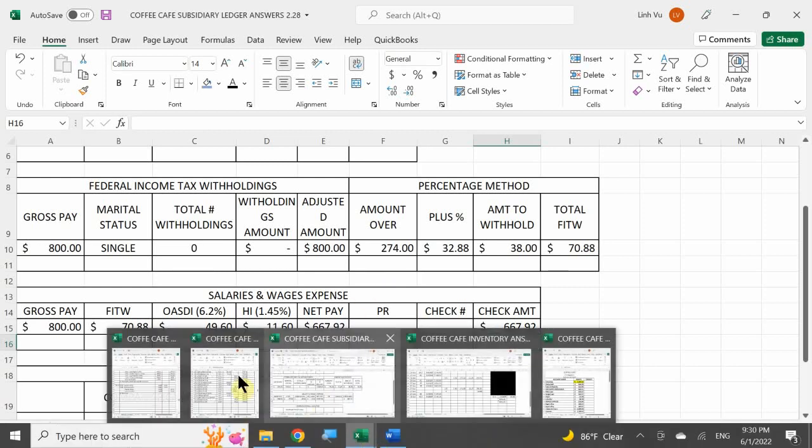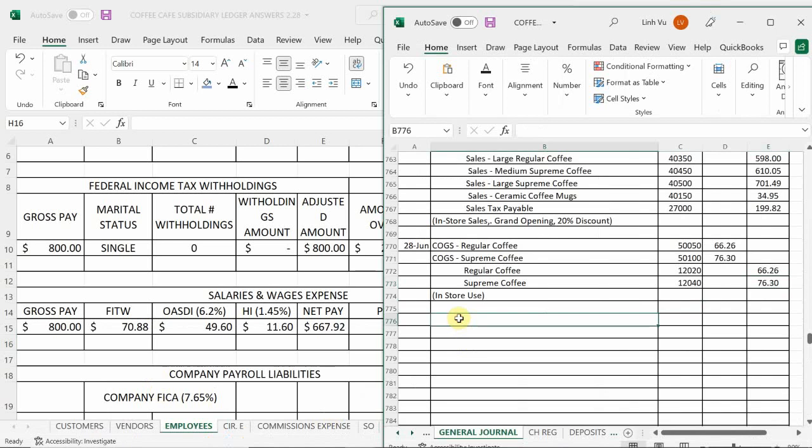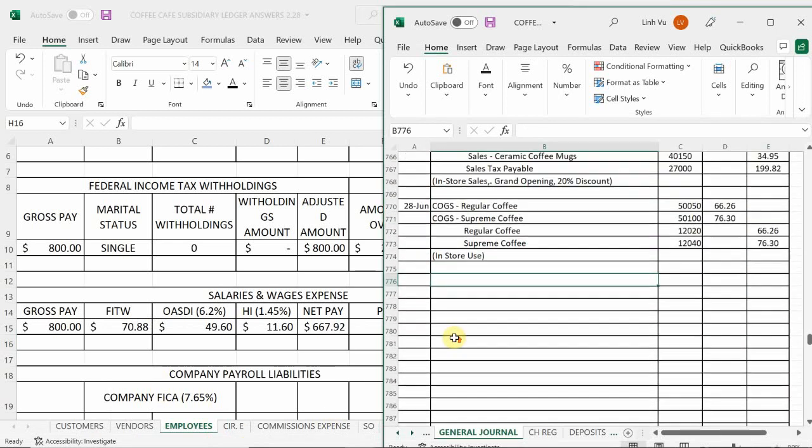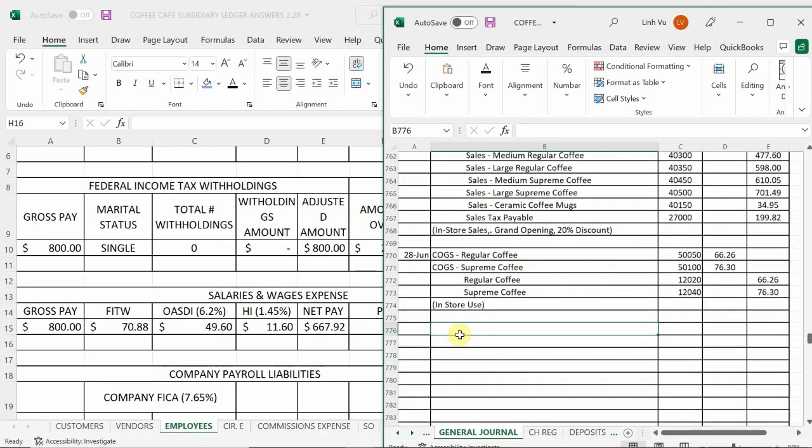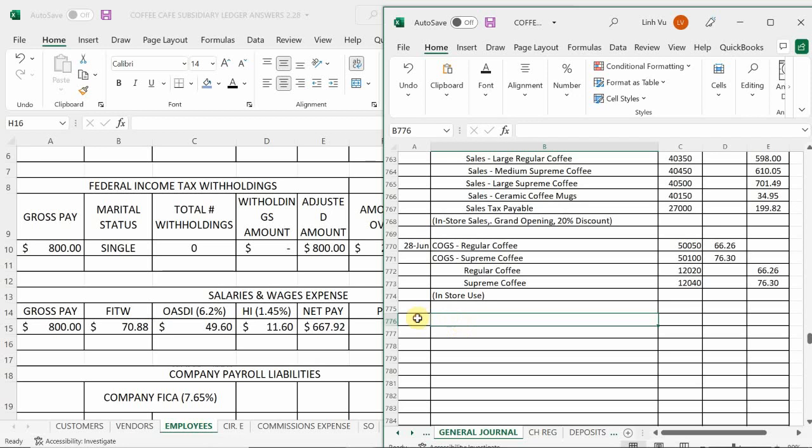So let's record our journal. So we just calculated, right, her total paycheck. In this case, which account are we going to be using to represent that we are making a payment to her? How do we pay her?